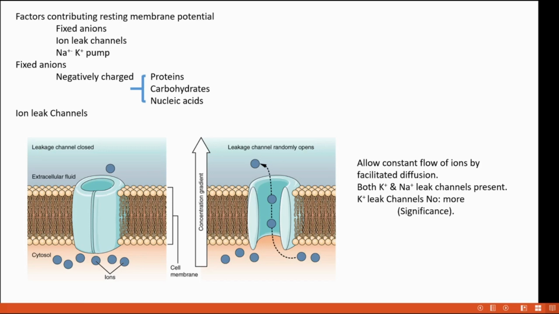Because more positively charged potassium is moving out. The number of potassium ions moving out is not equal to the number of positively charged sodium moving in. That way negative charge inside can be maintained. I think you understand. Then coming to the sodium potassium pump.